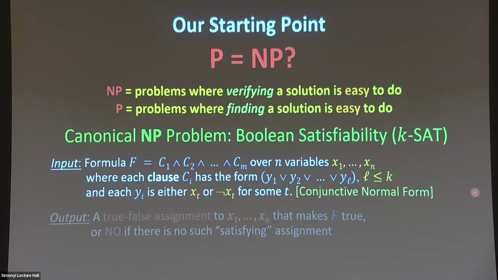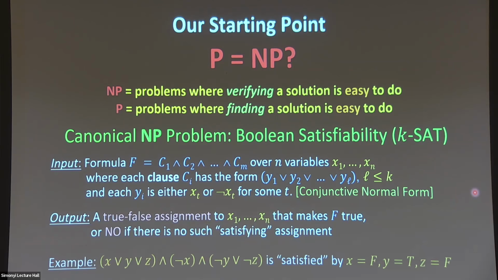And the output, the desired output, is a true-false assignment to these variables that makes the formula true, or some special no answer if there's no such satisfying assignment. This is the way I think about the SAT problem.